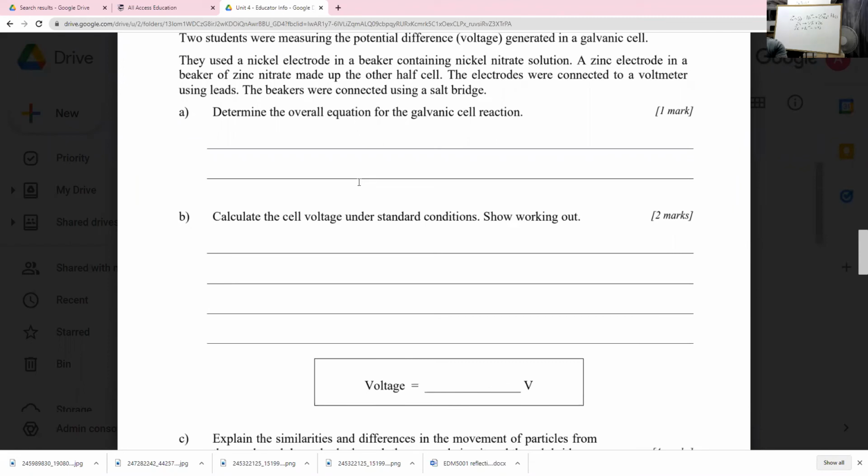You guys need to get to know your formula book very well. So usually you'll make the biggest one positive.